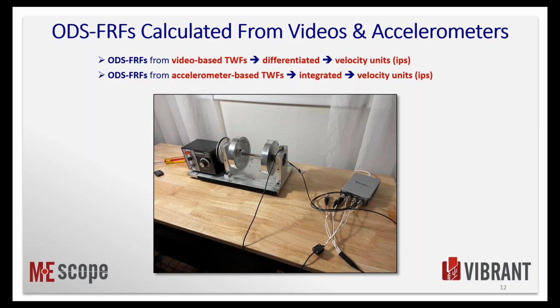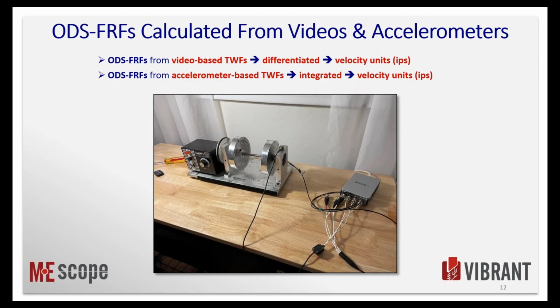Here's another reason why we prefer to use ODS-FRFs in MEscope for looking at vibration. An ODS-FRF, unlike a cross spectrum or an FRF, can be integrated and differentiated. So I can take the data from my video and it will have units of displacement.